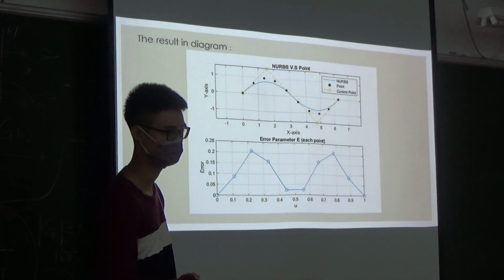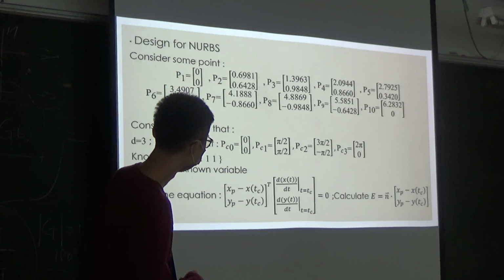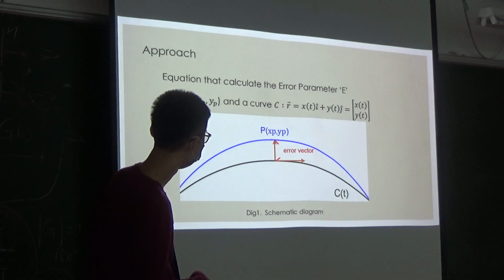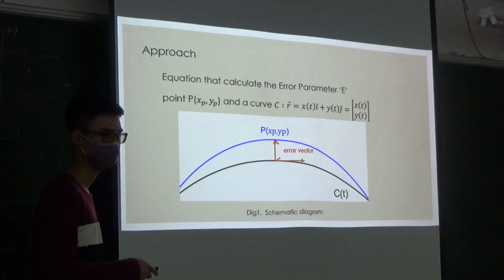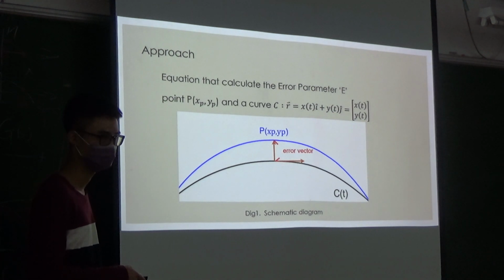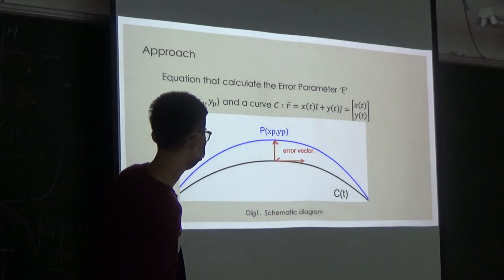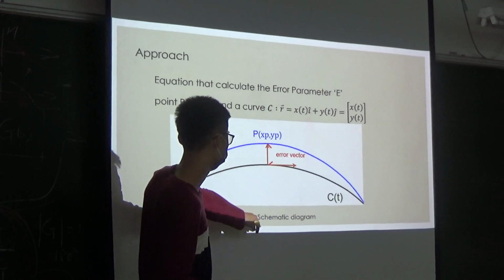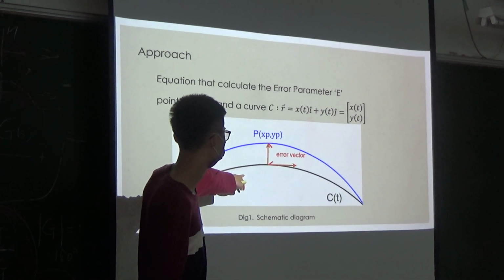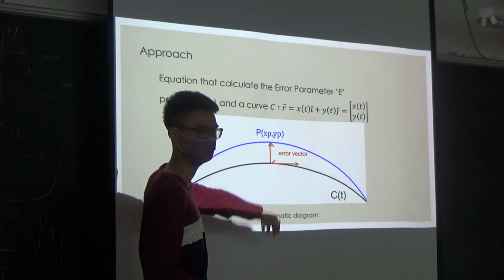So C is the NURBS we want to follow, a desired curve. You want to adjust the width or some parameter to fit this curve.